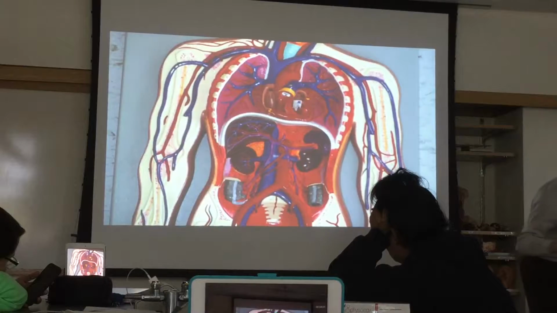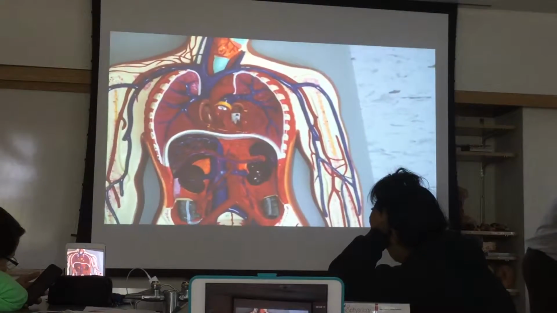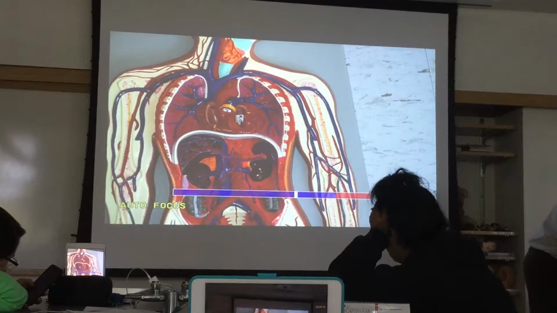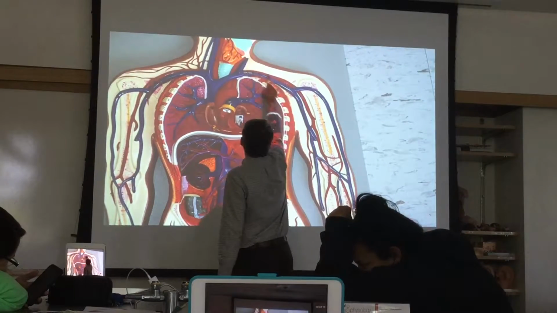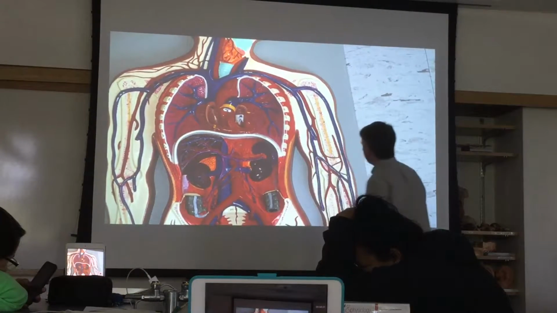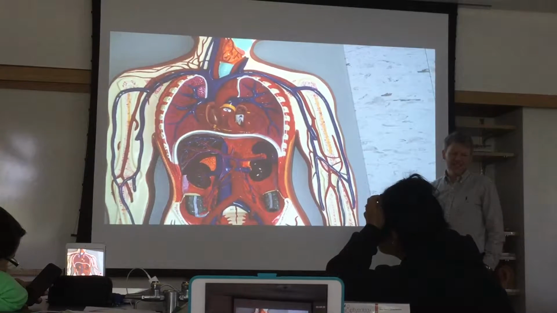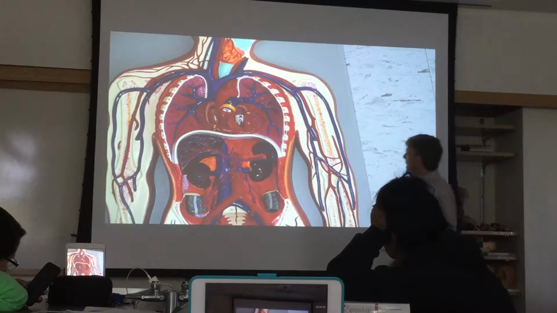I'm going to use this side over here. Okay. Again, here's your subclavian artery. Now, the subclavian artery continues along, and it stays the same blood vessel, but it changes names depending on where it's at.